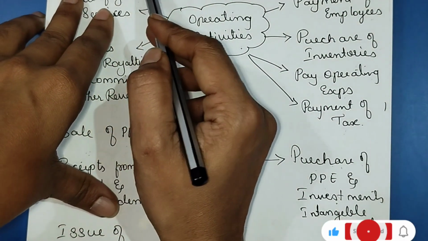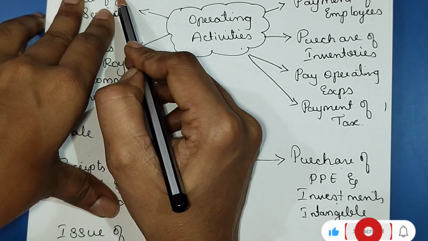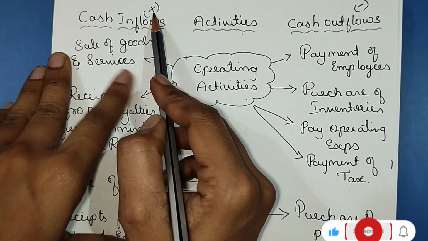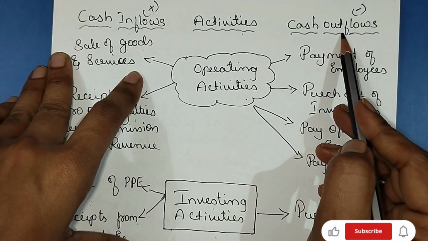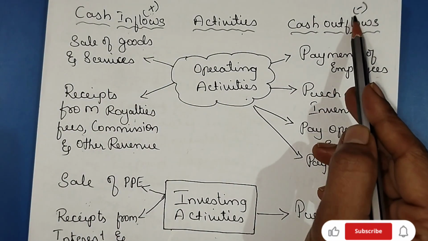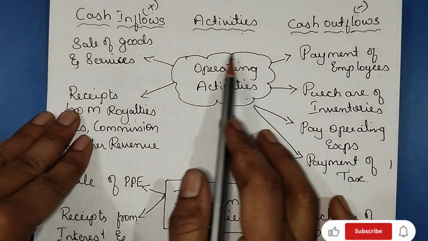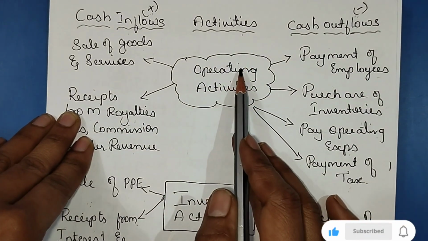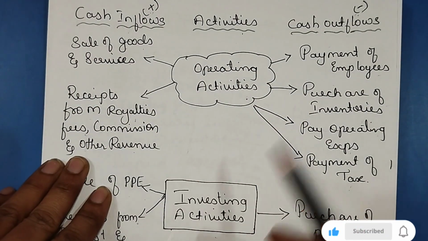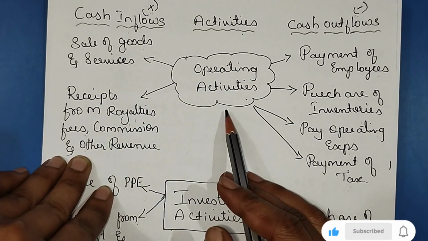See, already I have said when cash is coming into the business, inflow, from the point of view of the business, it is an addition. When cash is going out, the outflow of cash is a deduction or subtraction in the business. Okay. Now operating activity. Operating means the day-to-day activities to generate revenue, which take place in the business.